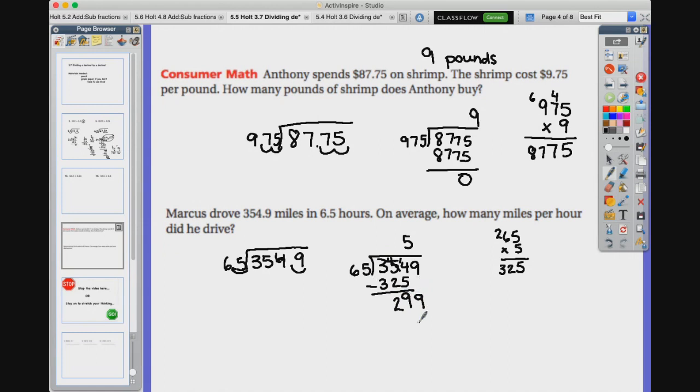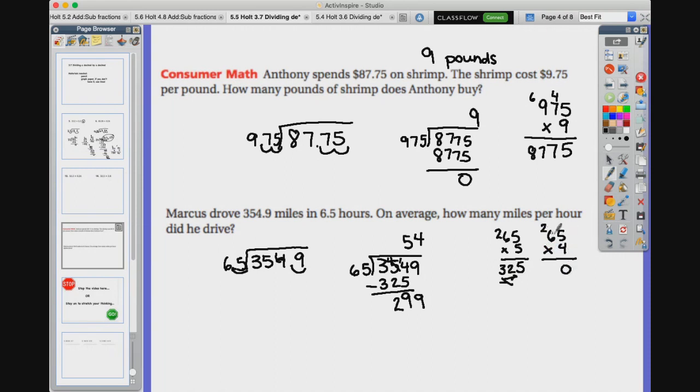65 goes into 299. I'm going to say probably 4 times. So I'm just going to take away, well, nope, I'm not going to do that. I'm going to do 65 times 4. You could also just take 65 away from this number, but I decided just to remultiply because I have to do a bunch of borrowing and other such things, which you can totally do, but right now I just feel like multiplying.